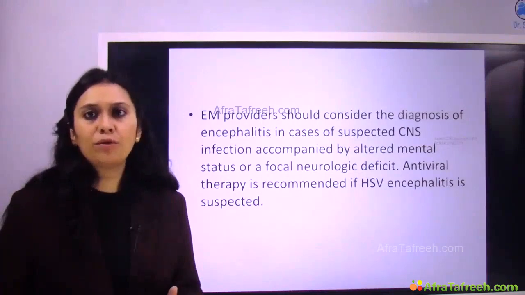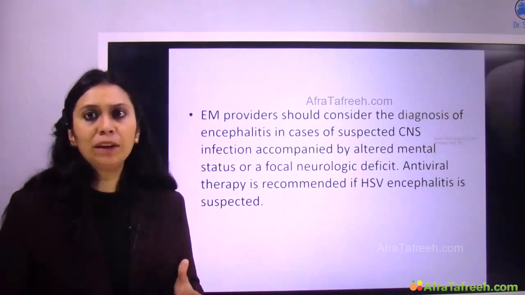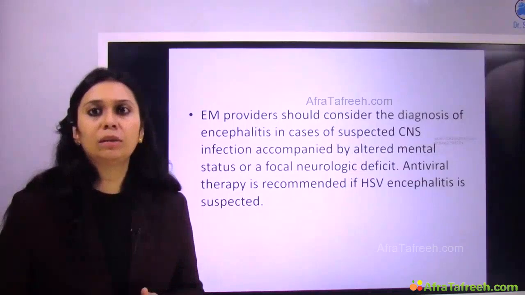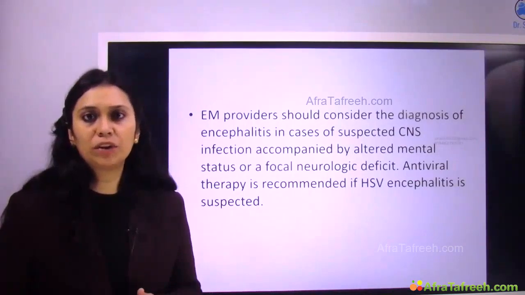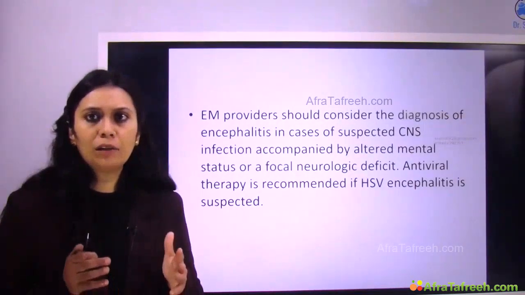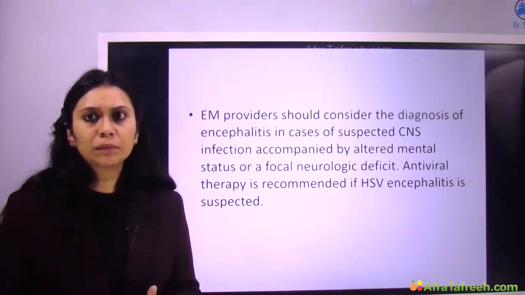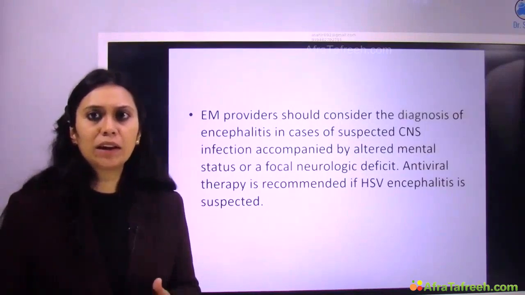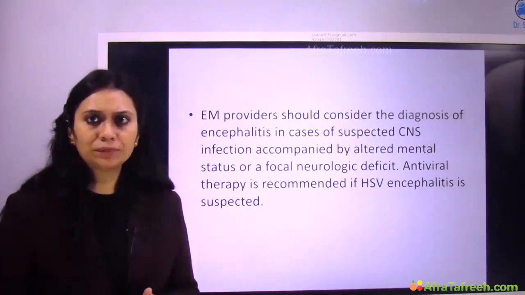It is very important to remember that therapy in the acute stage is most advantageous for the patient, and the survival of the patient is dependent upon that. So if viral encephalitis is suspected, then definitely IV acyclovir should be started. Now, this is the initial management.